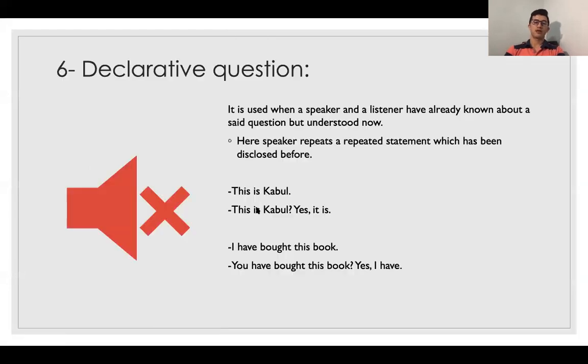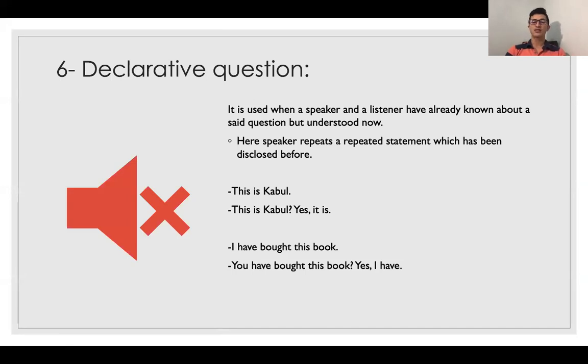So another type, or the sixth kind of interrogative sentence, is declarative question, okay? So declarative question is like an affirmative question or positive formula. The structure is also like affirmative or declarative, but we ask it with a question accent, okay?